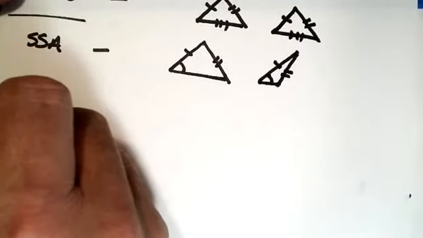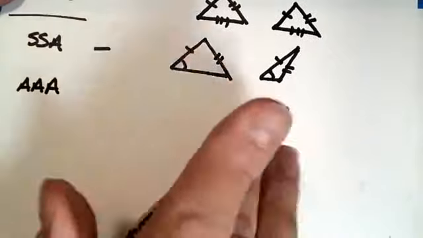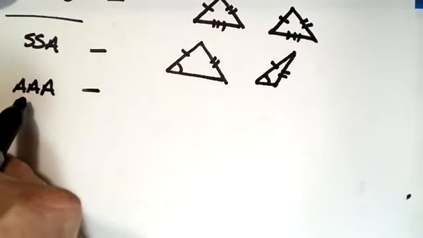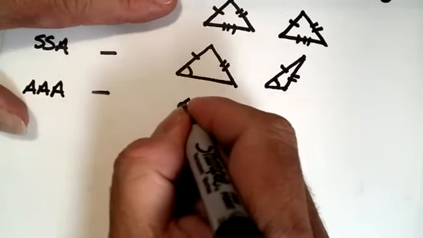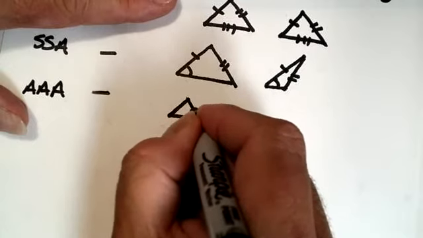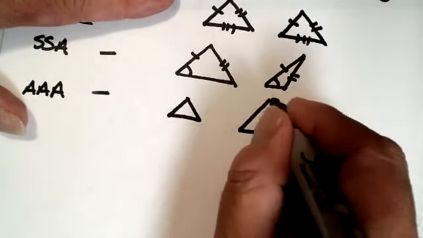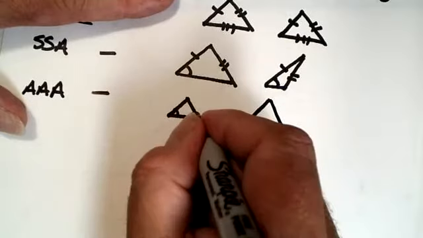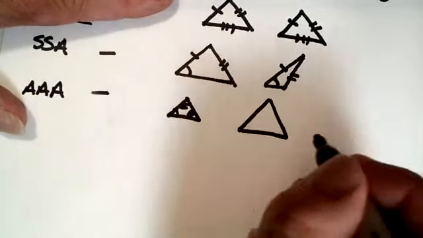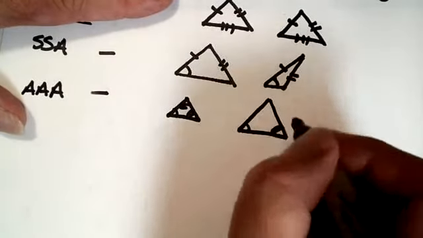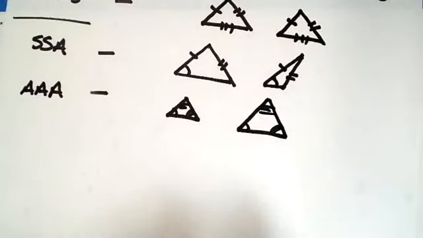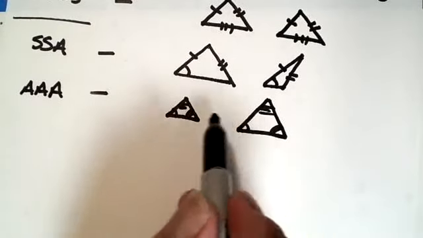Another one that does not work is the so-called angle, angle, angle. Remember, that is the definition of similarity, but let me quickly show you why it doesn't work. In this case, we're stating that all these angles are congruent with each other, but notice they are much bigger in size.